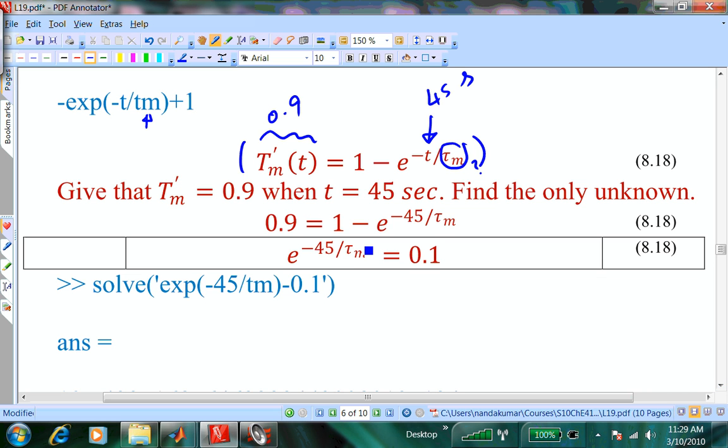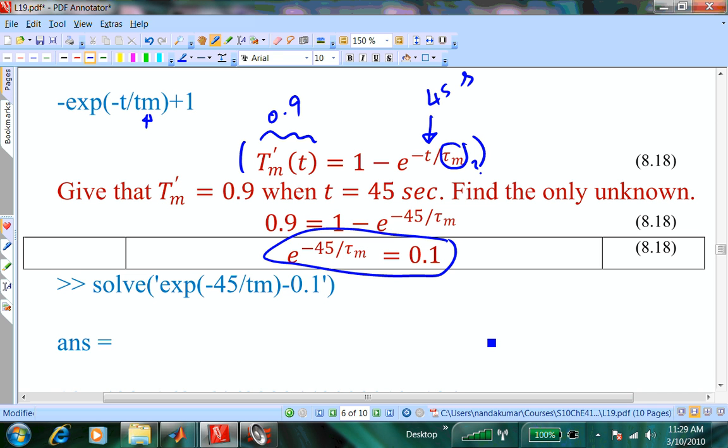In MATLAB, the way that you would do that is, this is the equation after substituting the numbers, and you want to solve for Tm. So you use solve and put that expression in quotation marks. Symbolically, it solves for the symbol Tm. How many other ways do you know to solve that? Roots won't work here because it's not a polynomial.